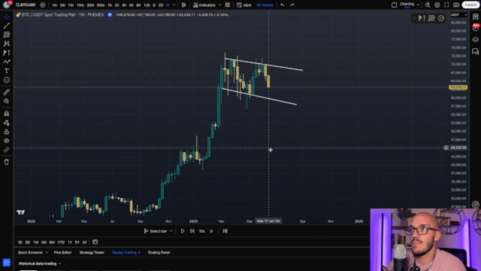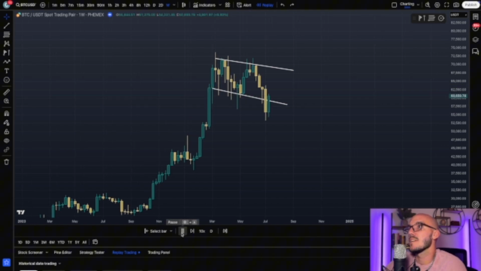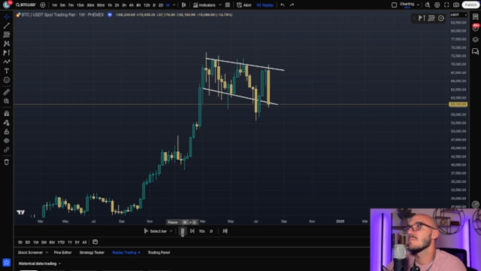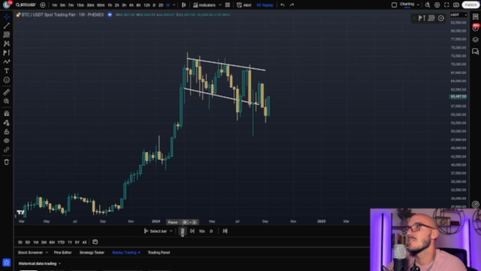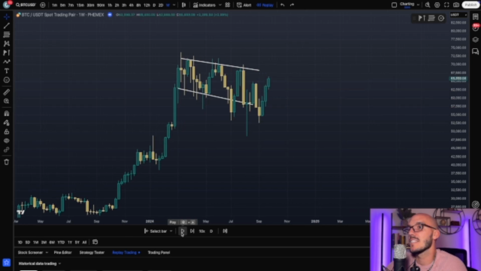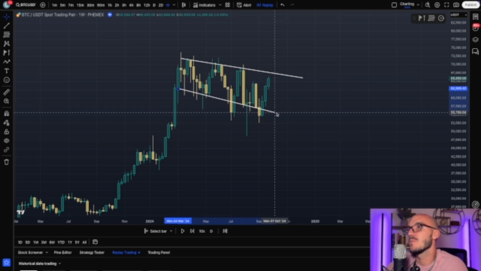Now, let's see what happens here. So when you click play, we see price fake down. It came back up, right? Oh, fake down again, came back up. Still trending, still trending. Okay, let's stop right here. So now that we have more data points, we can extend our trend line a little bit more.